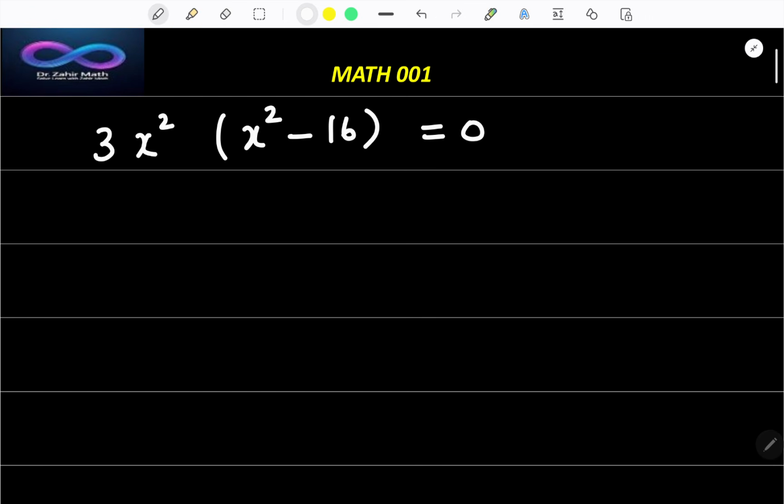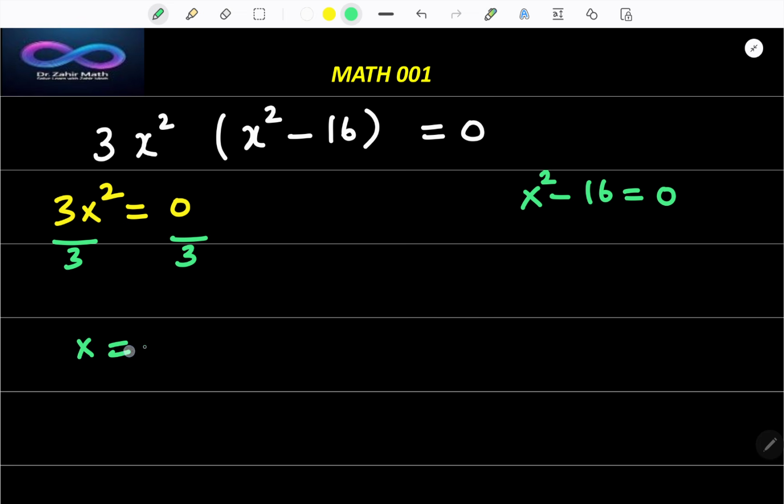Whenever two products are equal to 0, each product is equal to 0. 3x square is equal to 0 and x square minus 16 is equal to 0. So divide by 3. So x is equal to what? 0. Clear everybody? Right.